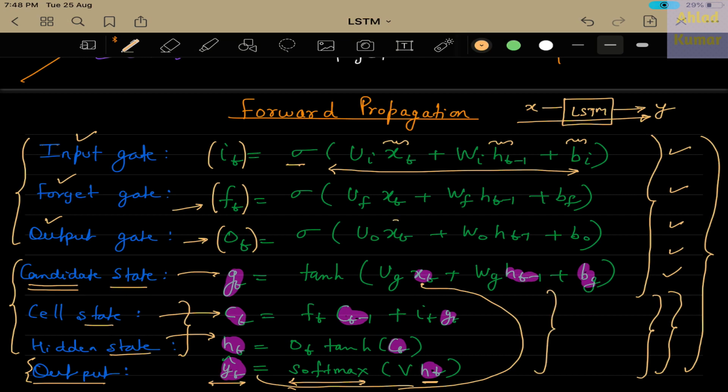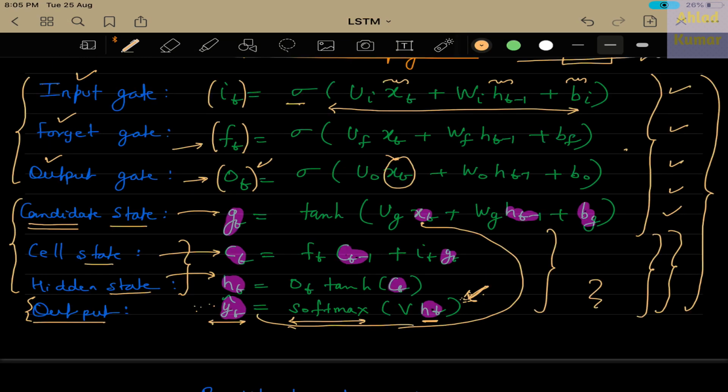Similarly, the input xt is passed down to y hat t through ot. You can see how ot is forward propagated into the hidden state, and from this we obtain ht, and this ht is then passed down here to produce the result y hat t.